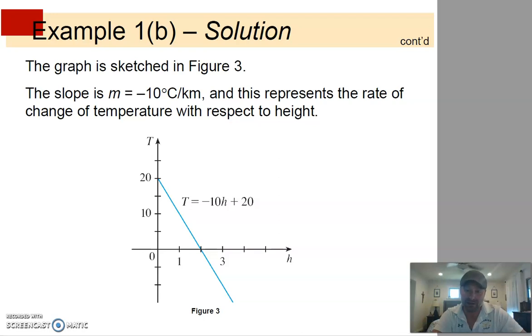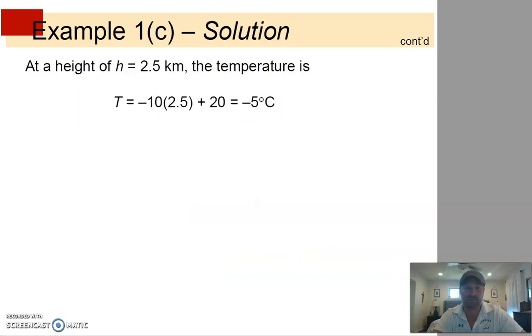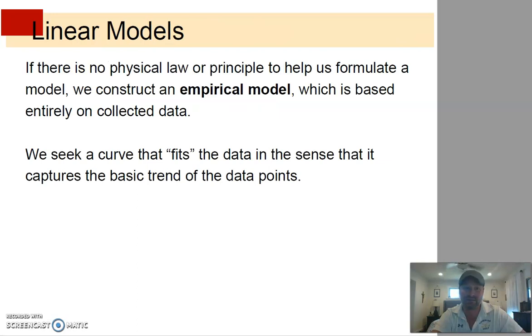We can also graph that function, and we can see along this line what those different points are and how the height affects the temperature. At a height of h equals 2.5 kilometers, we can say that the temperature is negative 5 degrees Celsius. If you plug 2.5 in here, you're obviously going to get that answer for the temperature.